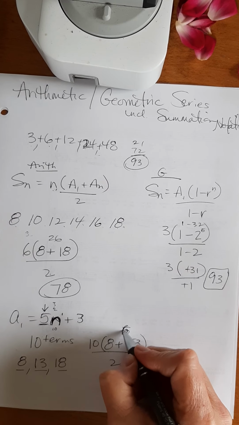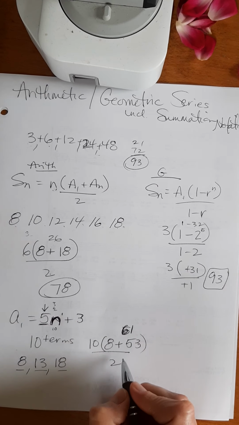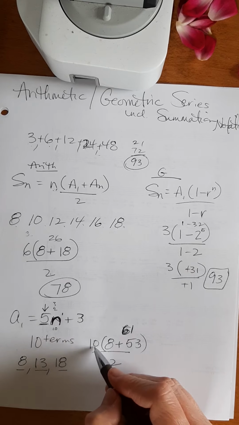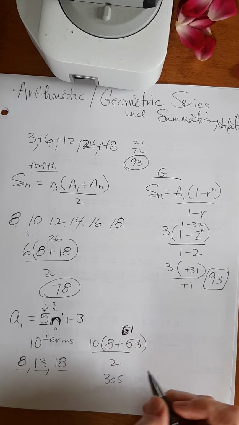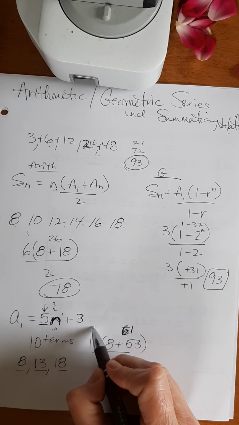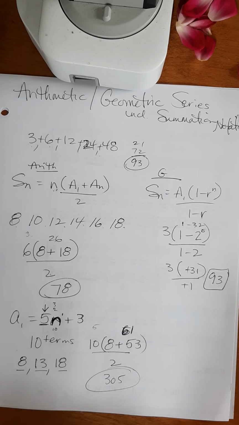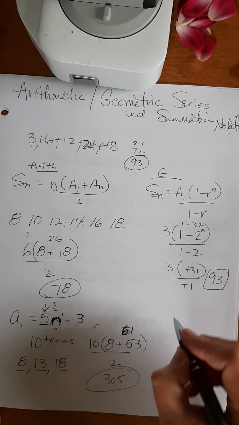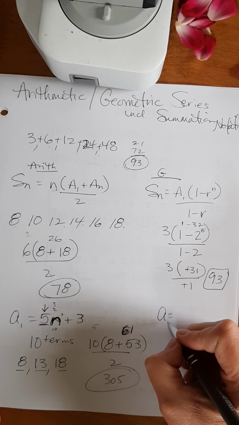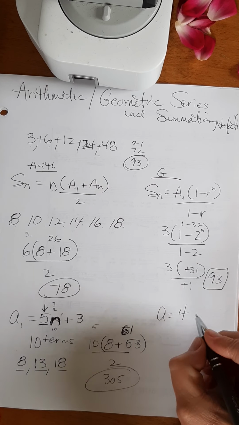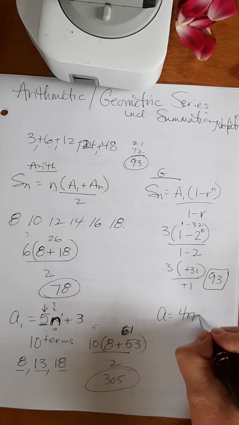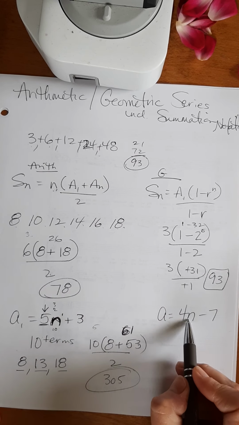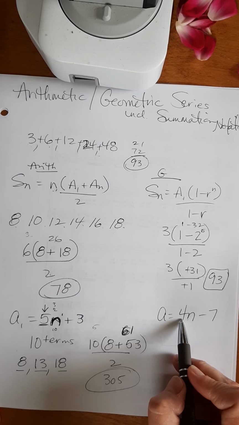So 61, and you could say times 10, 610 divided by 2, 305. Or you could say 2 into 10, 5, and get 305 that way. So if you had something like 4n minus 7, it's arithmetic with a difference of 4.